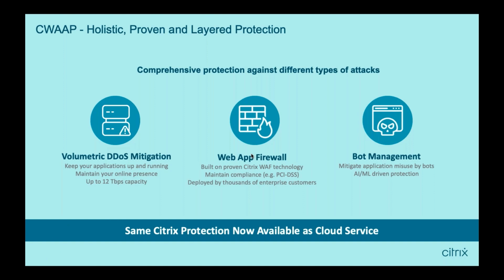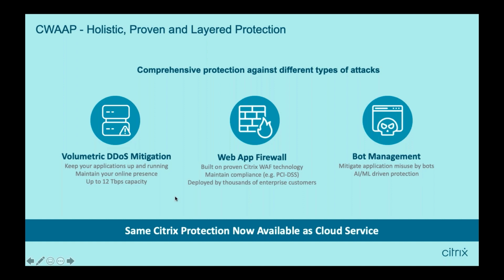So let me take a moment and tell you about that service. It has 3 parts in it: volumetric DDoS mitigation, web application firewall, and what was announced recently, bot management. So all 3 parts working together.